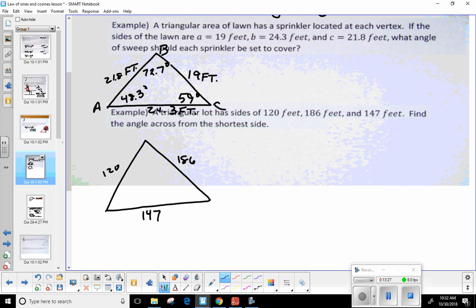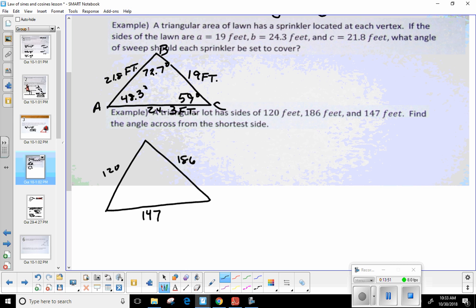All right. Now, there's always an exception to a lot of the rules that we're going to go ahead and take a look at. Here, we are going to go ahead and use the law of cosines, but I'm not interested in solving the entire triangle. And we won't even have to use the law of sines on this one. How do I know which angle is going to be the smallest?